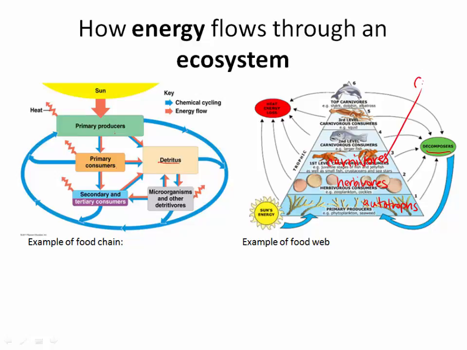I don't know if you can see that. Let's do this over here. Carnivores. And up from here, a lot of times, the omnivores will be in this section right here. Omnivores can go all the way up through. So the carnivores and omnivores are pretty much this group right here.